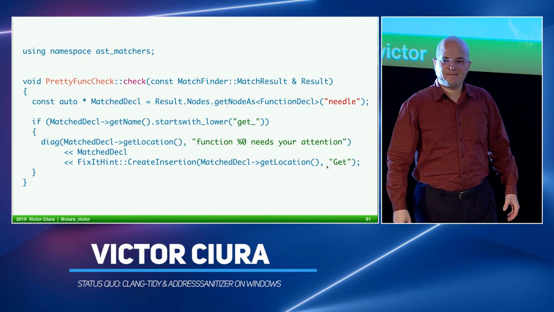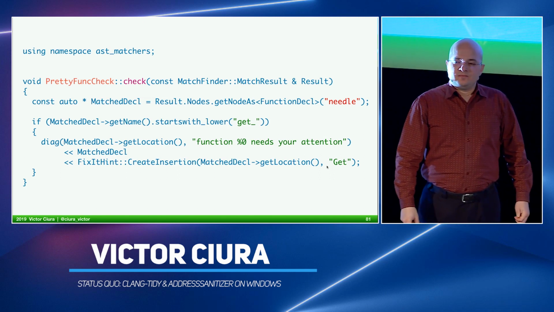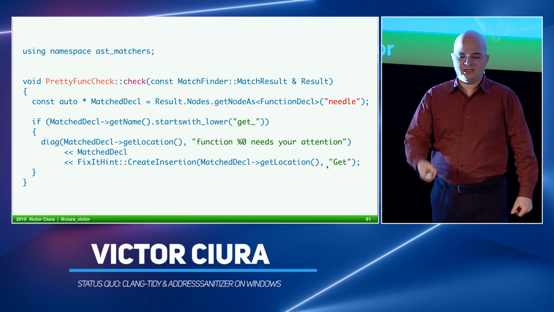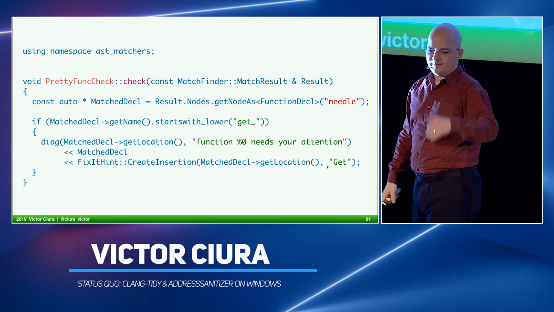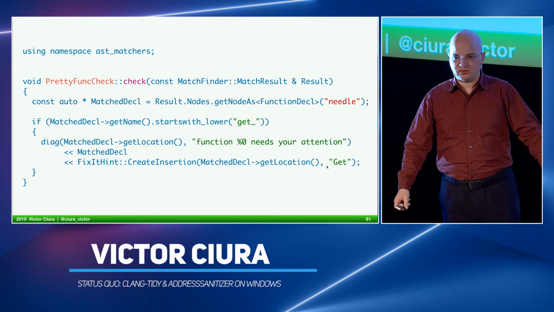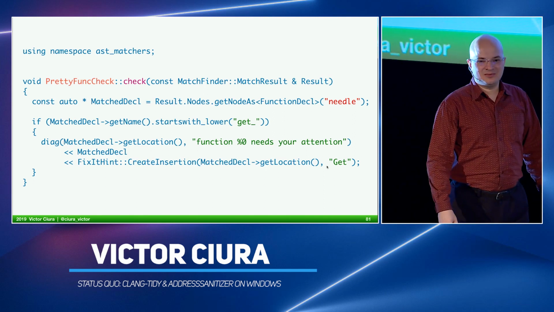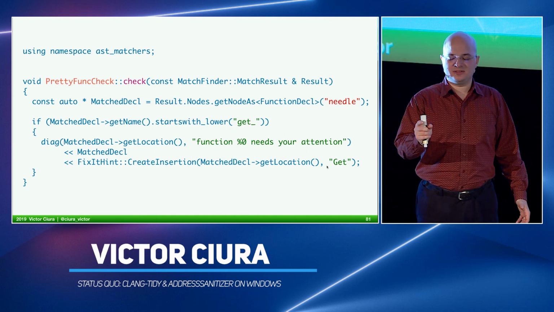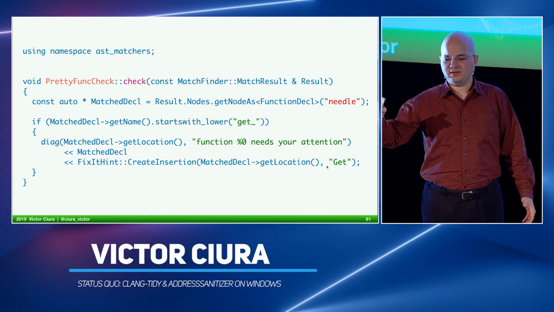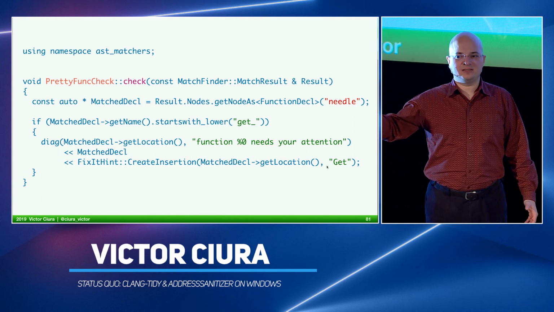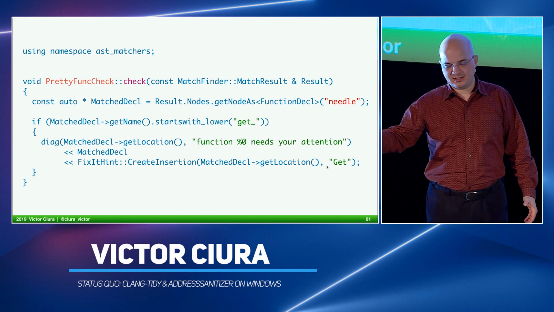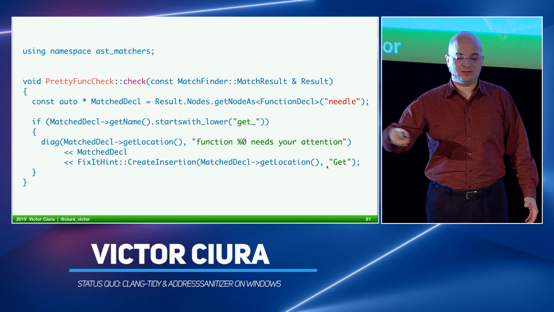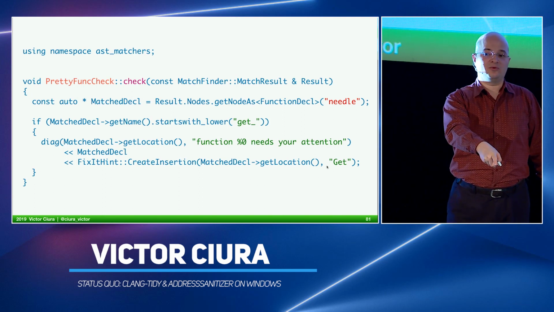Question? Do you think that this could be used for API migration? The question, I can repeat the question. The question was if this can be used to do API migrations. Of course. Yeah. But for API migrations, if it's maybe a renamed API, it takes the same parameters, then it's just a simple replace. But if you have different arguments or in different order, then you'd have to do a Clang-tidy transformation.